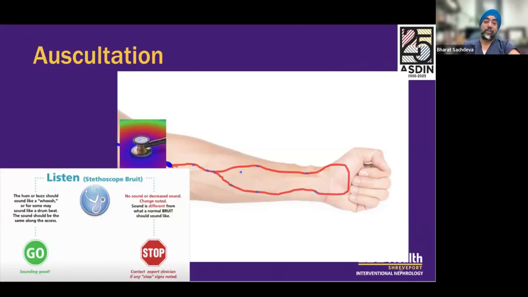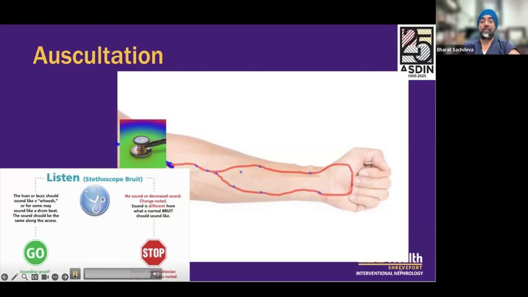A good fistula should have a continuous buzz or a hum, a whooshing sound like what we just heard. The sound is continuous in both the systole and diastole phases of the heart sound. So if you hear it in systole, you should also hear it in diastole.